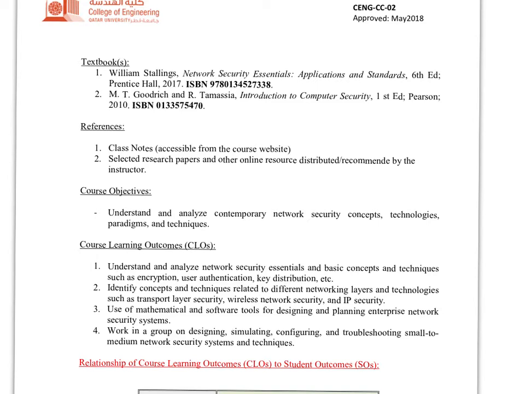What are the famous security services in each of these parts? And then we're going to go through the network layer, where of course we have IPsec, and the transport layer, where we have transport layer security, or SSL. We're going to go through all these protocols and services, and analyze and characterize the main specifications of these protocols.